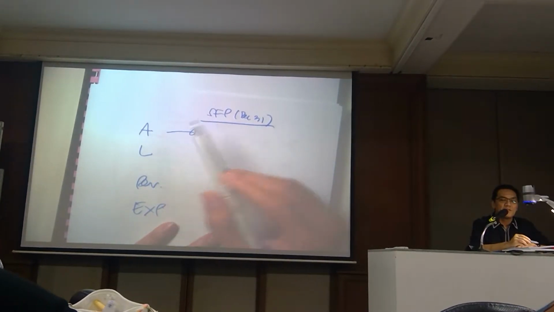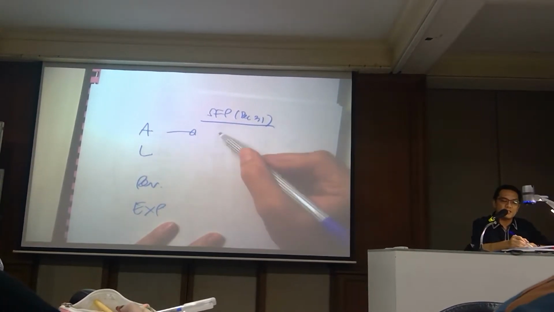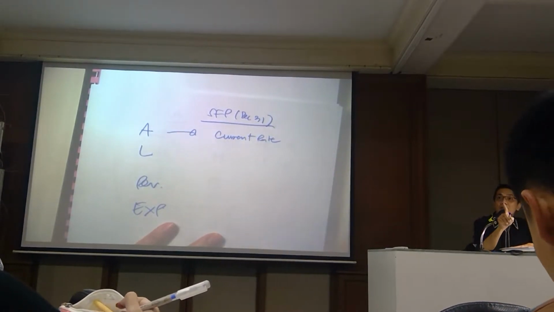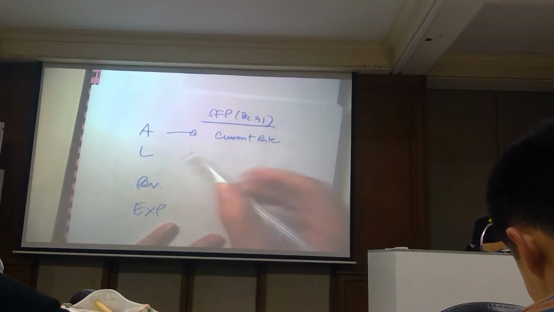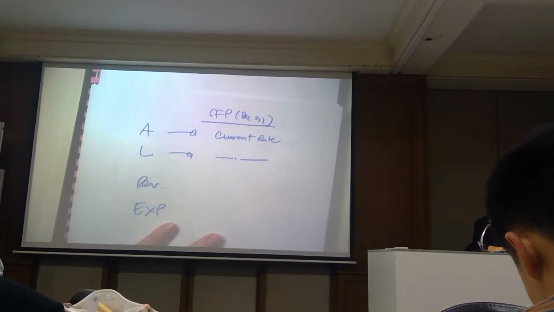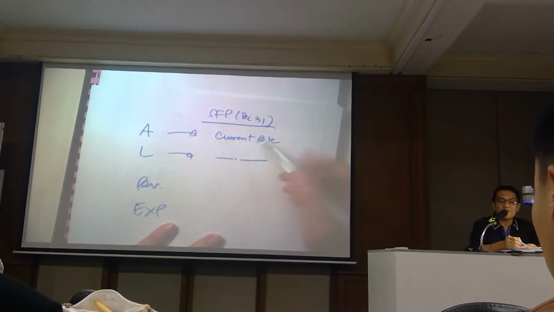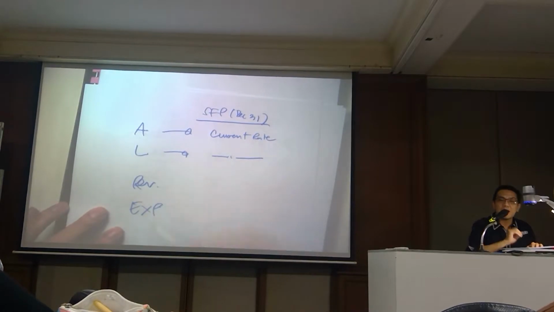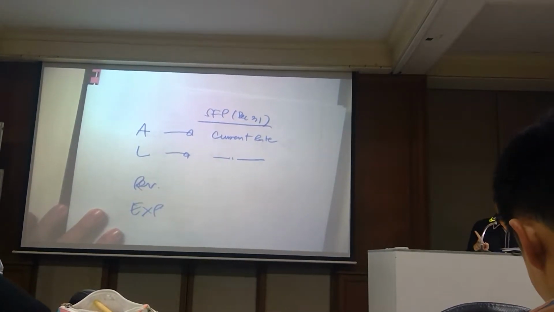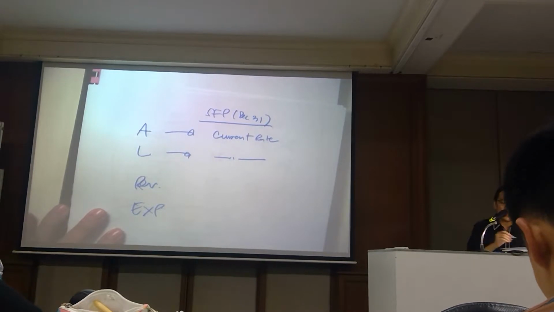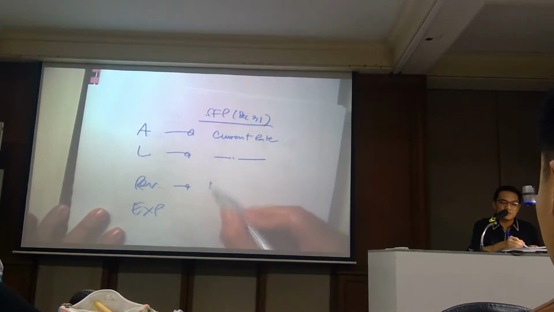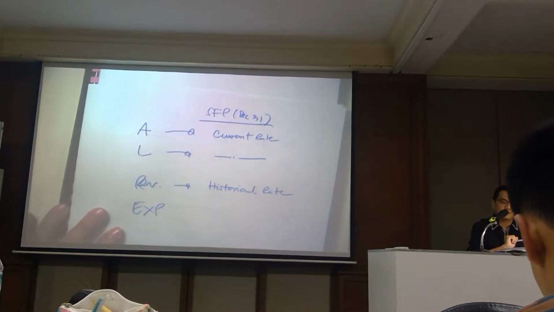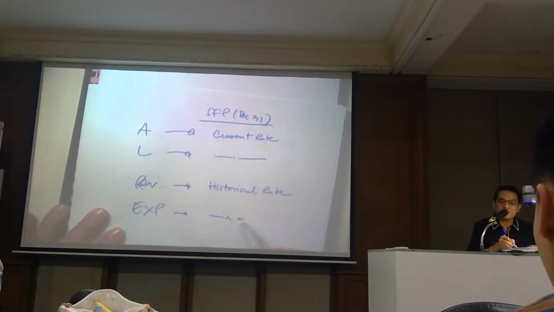Asset goes from the spot rate or historical rate to the current rate. So use the rate at year end. Liability, same thing. Transform with the same exchange rate. But for revenue and expense, based on accounting standard number 21, they say you should use the historical rate. Expense as well.